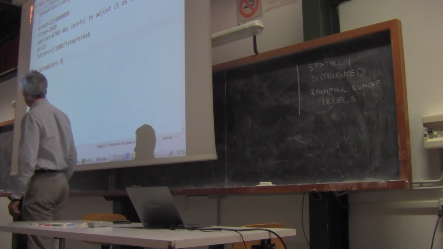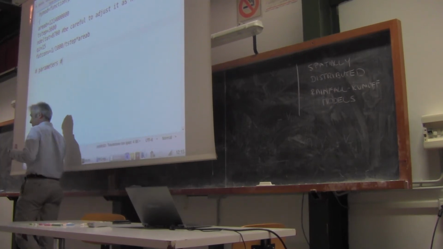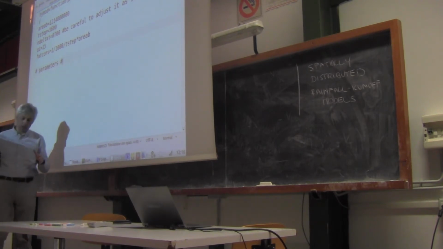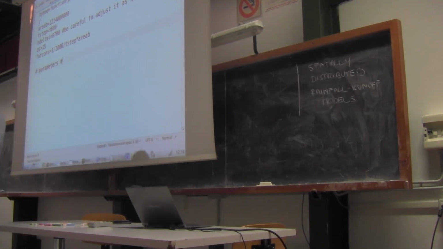The conversion factor, in order to pass from millimeters per hour to cubic meters per second, is 1 divided by 1000, because millimeters need to be transformed in meters, divided by time step, because millimeters per hour need to be transformed in seconds, times the area of the catchment, because when we have a rain that is expressed in millimeters per hour, if we want to get the volume of water over the catchment, we need to multiply the rainfall depth times the area of the catchment.